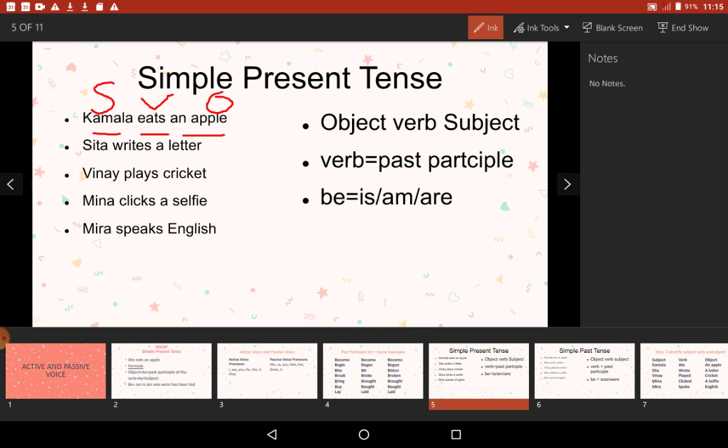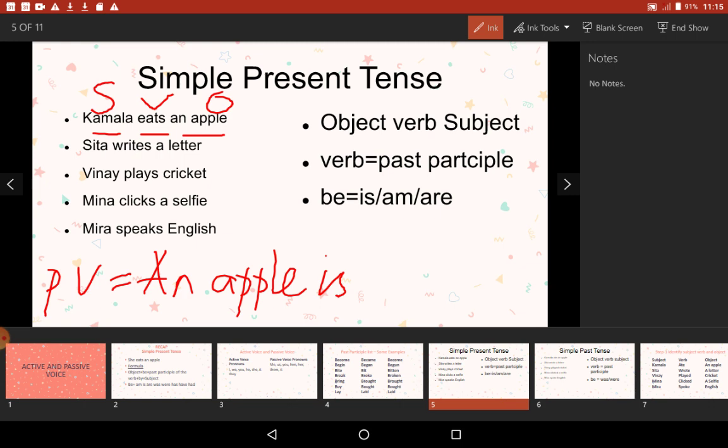So this sentence, when we change to passive voice, it becomes an apple. This is the object. We will write in the place of subject. Then we add a be form, which is the appropriate be form because an apple is singular.